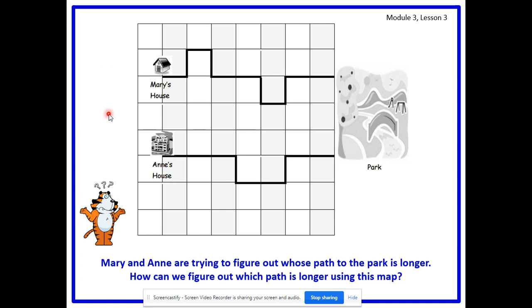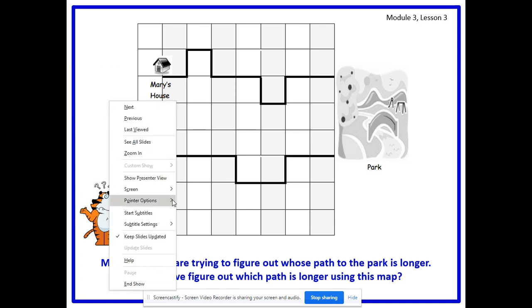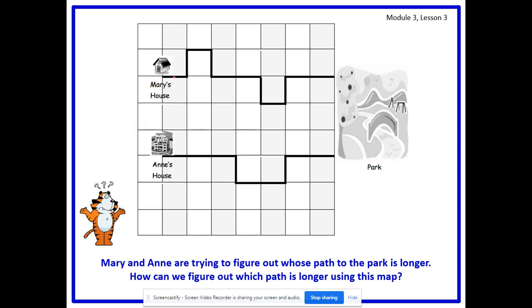I'm going to count Mary's path with my marker so I don't lose track. Count the city blocks with me. For that, I'm going to label so that you all can see how I'm counting. Remember that we're not counting the squares, we're counting the lines. So from here to here is 1. From here to here, it's 2.